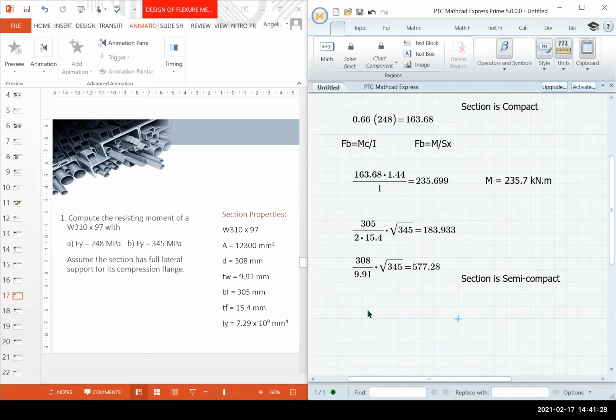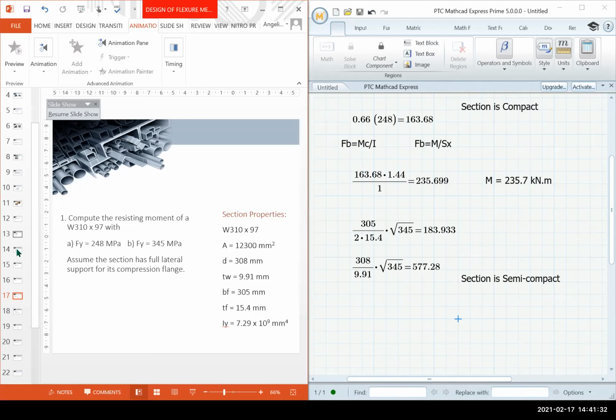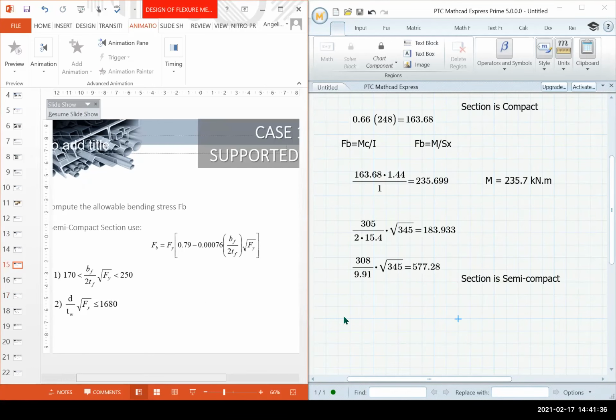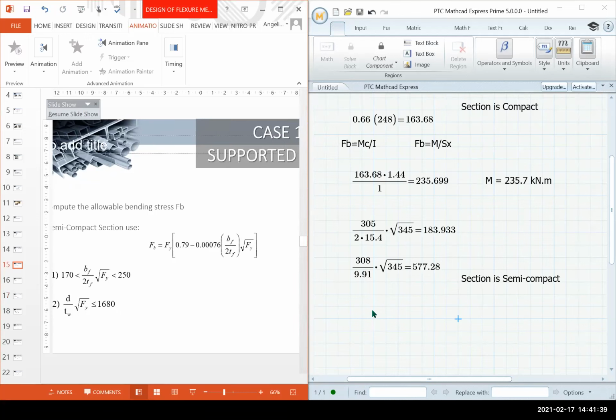Now for your FB, yung medyo mahaba-haba yung equation, let's see. We have Fy multiplied by 0.79. So, unahin natin. We have 0.79 minus 0.00076 multiplied by, we have BF.